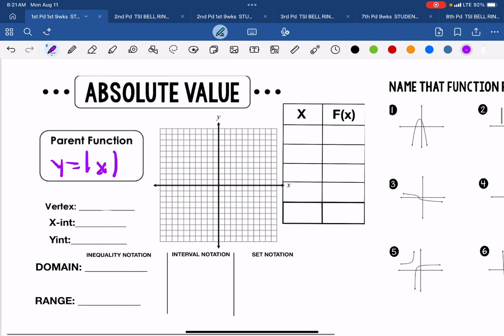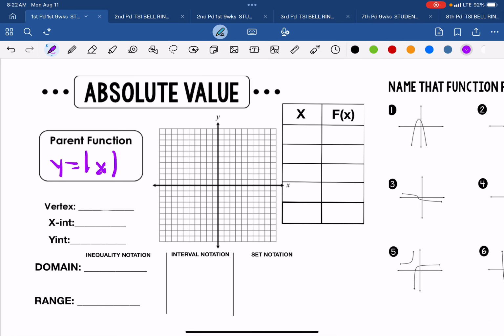Or absolute value. Okay? Absolute value. It's always positive. I want you to remember this as well. It equals what? Distance. So, it's always positive equals what? Distance.